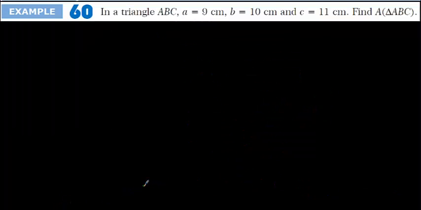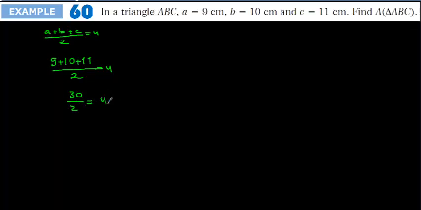In the triangle ABC, the sides are 9, 10 and 11, and we are going to find the value of the area. Again, I'm going to use Heron's formula, a plus b plus c over 2 is equal to u for us. 9 plus 10 plus 11 is 30, so 30 over 2 is equal to u, and u is equal to 15.